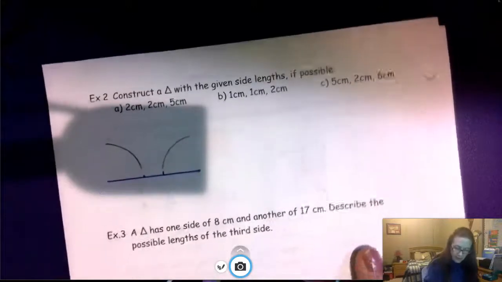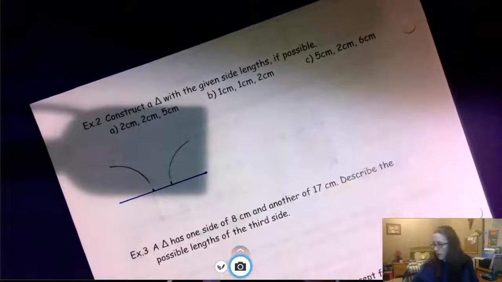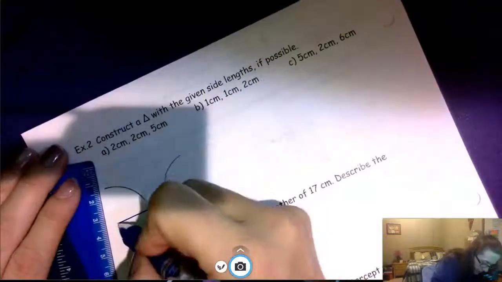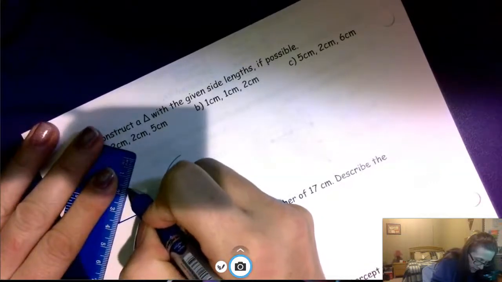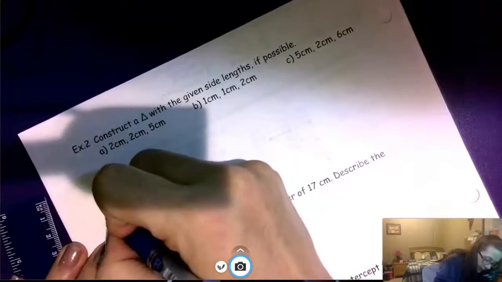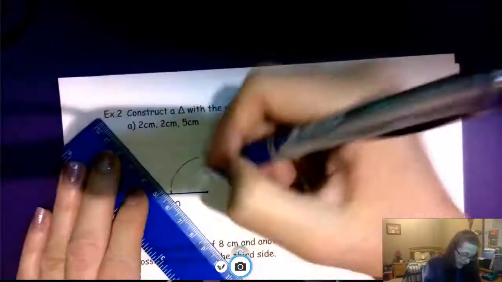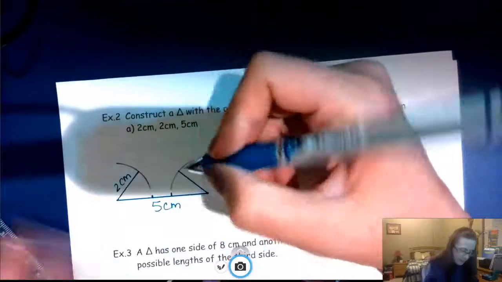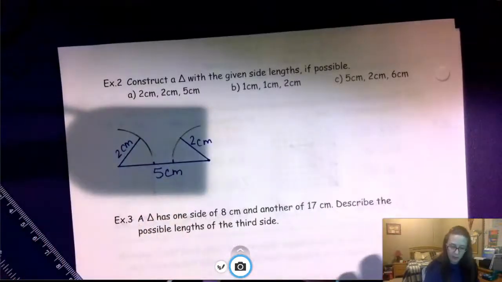So the interesting thing here is that if I were to draw from the end point to anywhere on that arc, that's 2 centimeters. I would have to stop right here. Draw from here to anywhere on this arc, that's 2 centimeters. I would have to stop right here. Is that going to create a triangle?